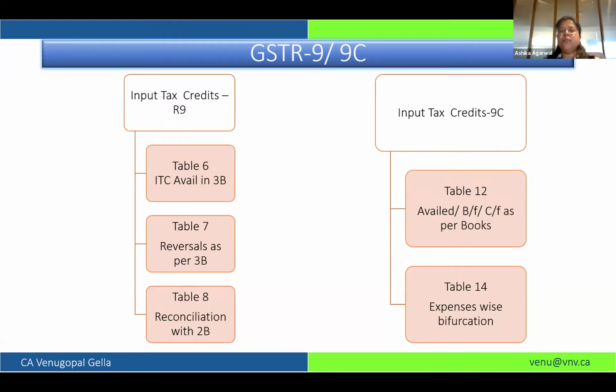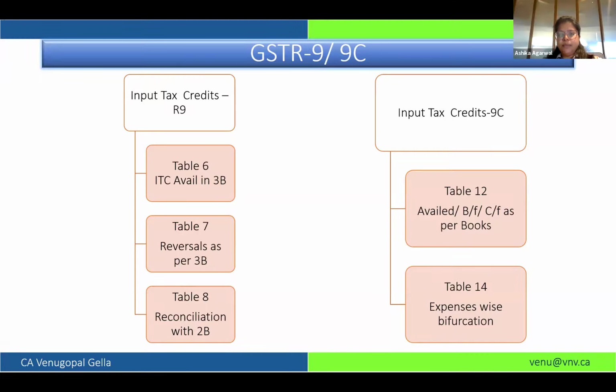We are not talking about outward 23-24 in 24-25, or 24-25 in 25-26. This has nothing to do with ITC in these tables. This is purely for reporting based on what you have reported in 3B. Table 6 deals with what you have availed. Table 7 deals with what you have reversed. And Table 8 is basically a reconciliation between 2B versus 3B.